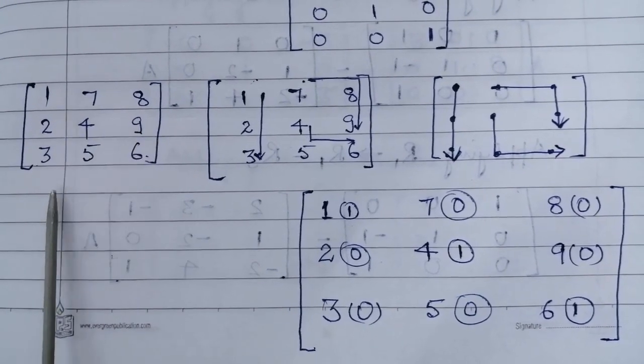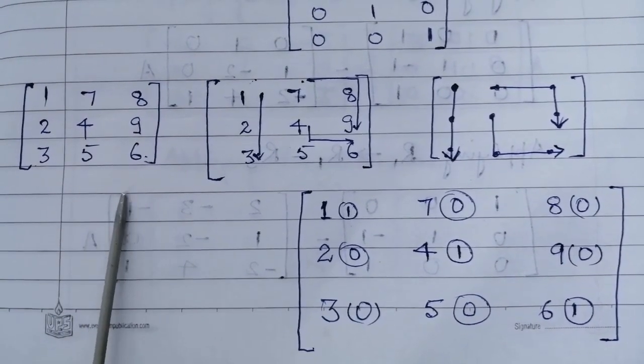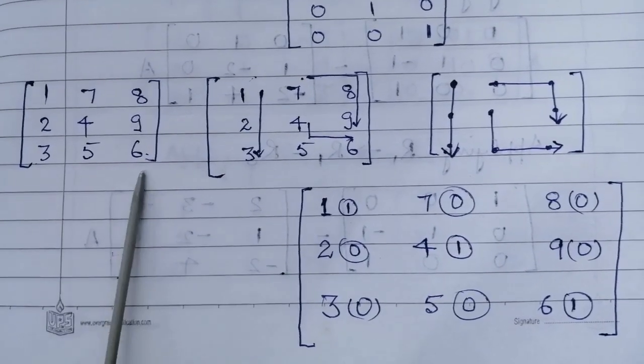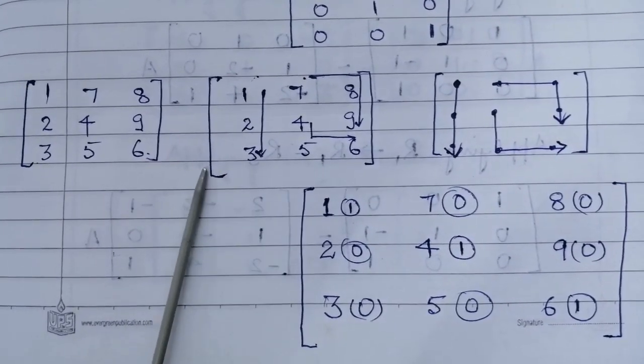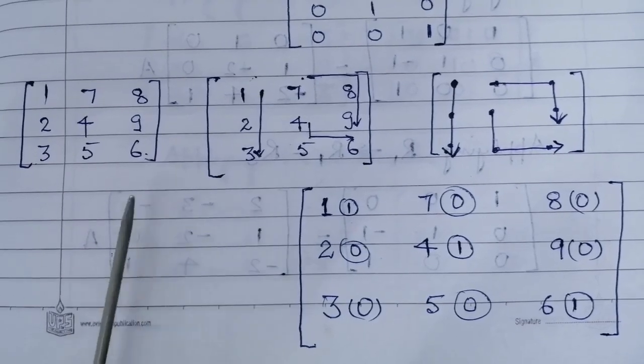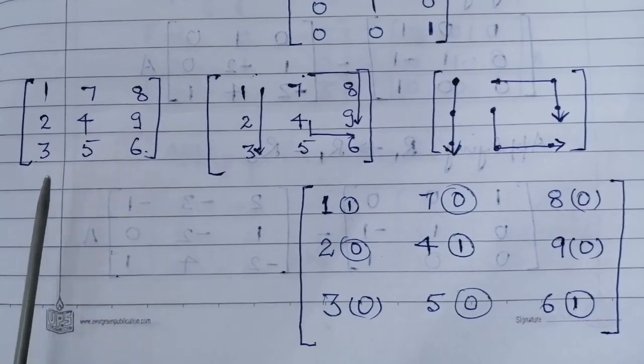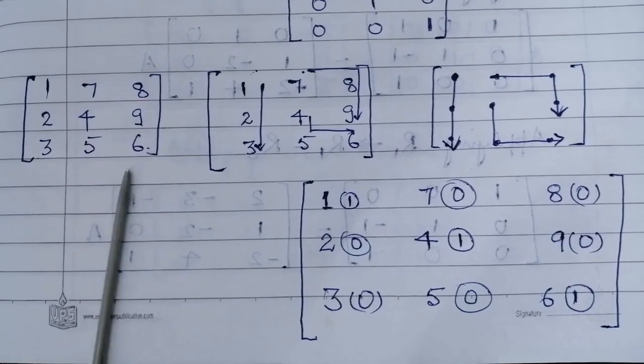If you proceed by this method, definitely you are going to get your answer correctly. Otherwise, most of the students are unable to get their answer correct because it involves various calculations.